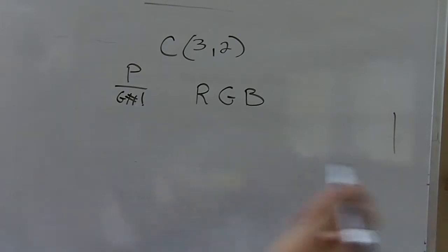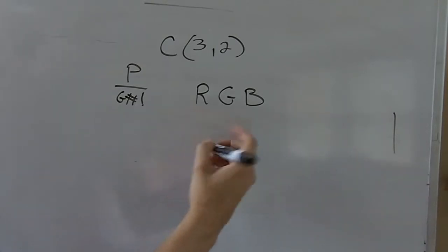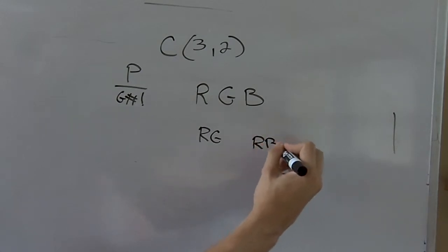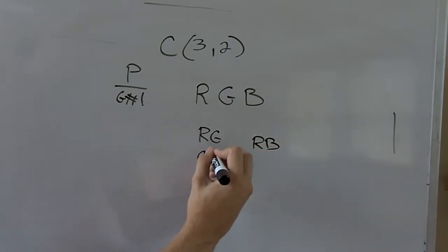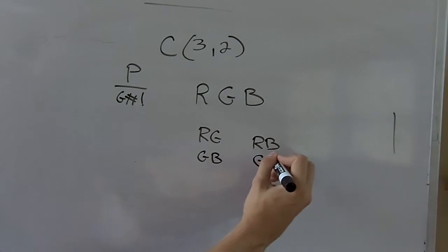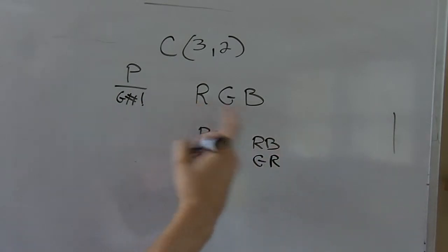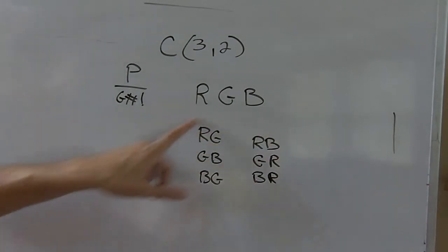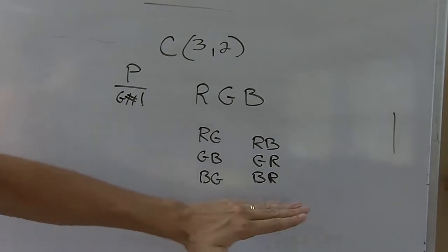So in other words, I can take these out like I did before, 2 at a time. Here's red, green. Here's red, blue. Here's green, blue. Here's green, red. And here's blue, green. Here's blue, red. So these are all the different possible ways. There are no other ways.